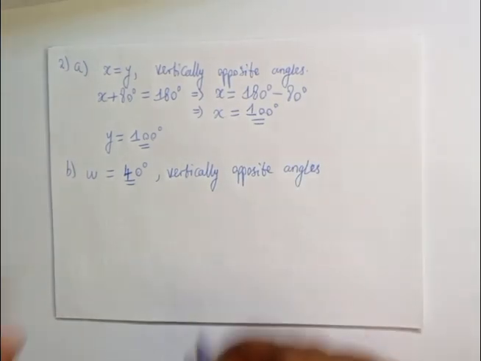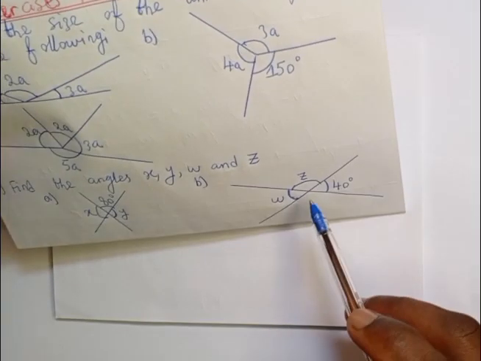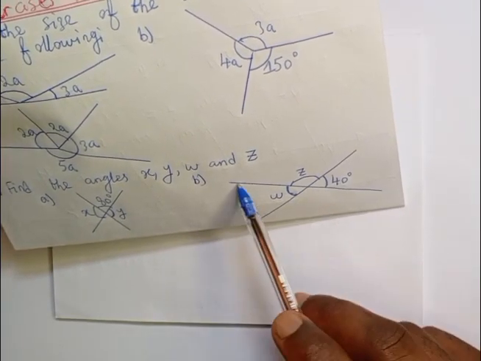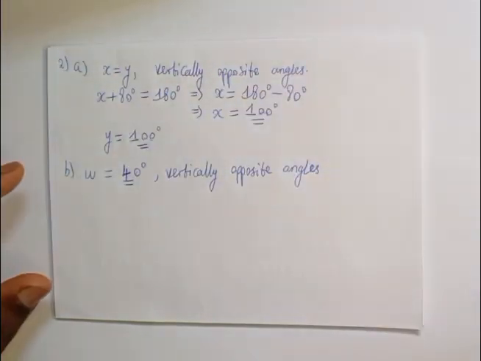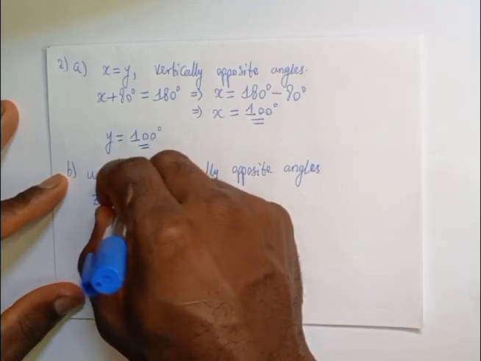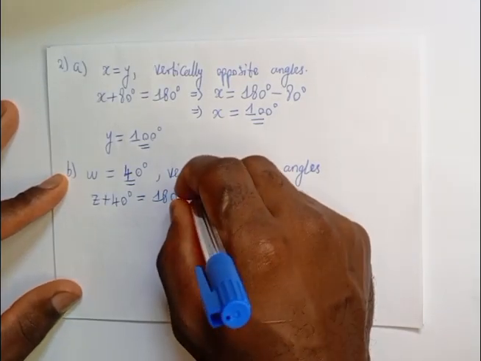Next, we have to find the angle Z. For us to find the angle Z, we are going to make use of the fact that Z and 40 degrees are angles along a straight line, that means they sum up to 180 degrees. Take this down. Z plus 40 degrees should be equal to 180 degrees.